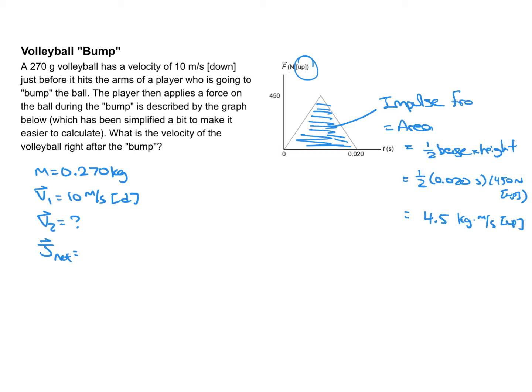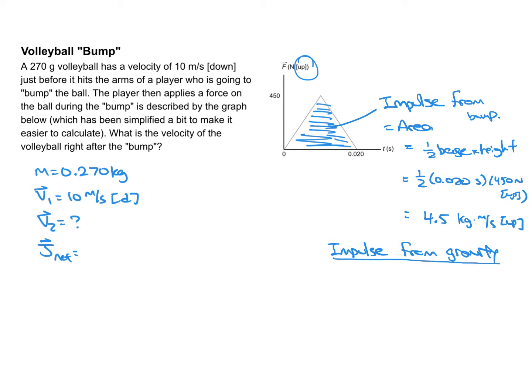That graph only gives the force of the bump. What about the other forces acting on the ball? There would be gravity. We'll see if we have to take that into consideration here. The net impulse has to be all the impulses added together.